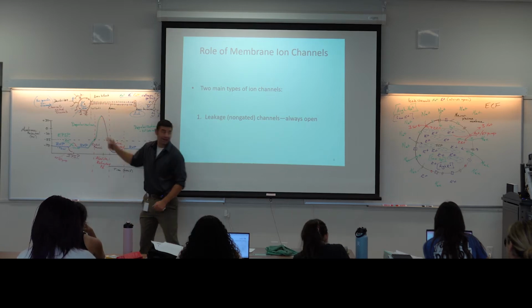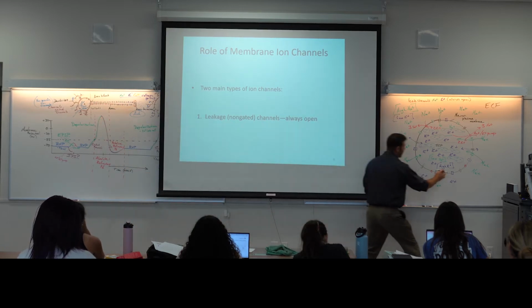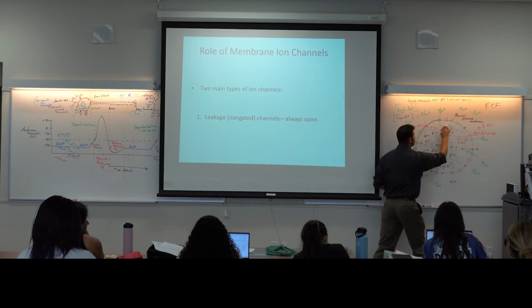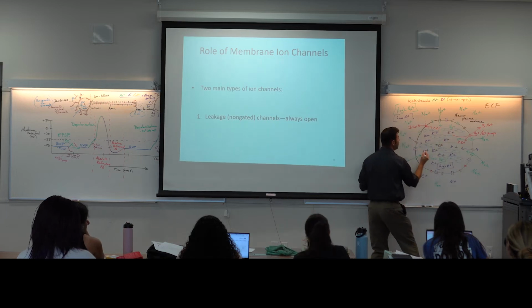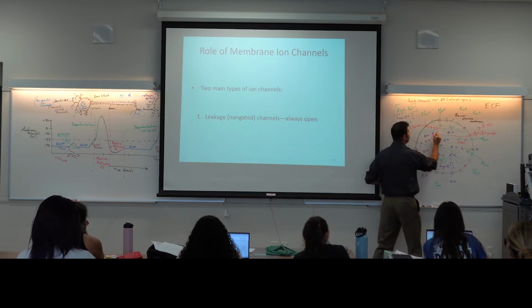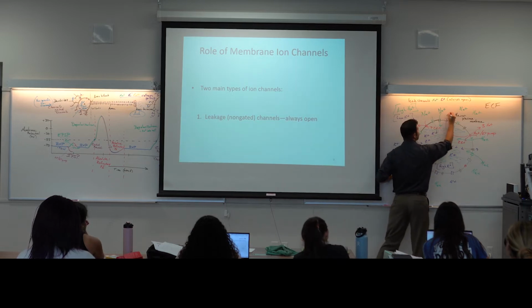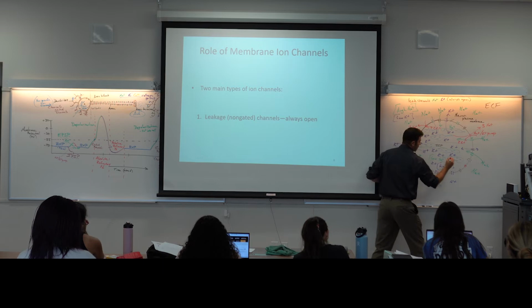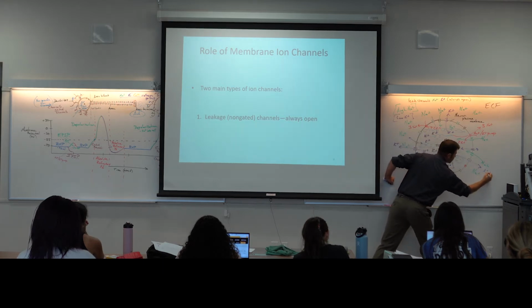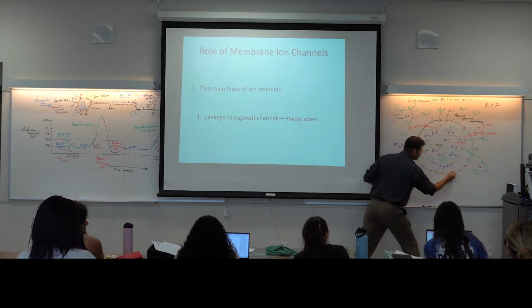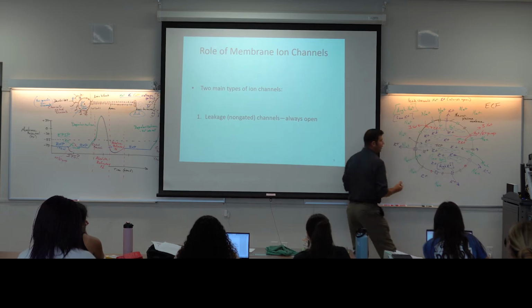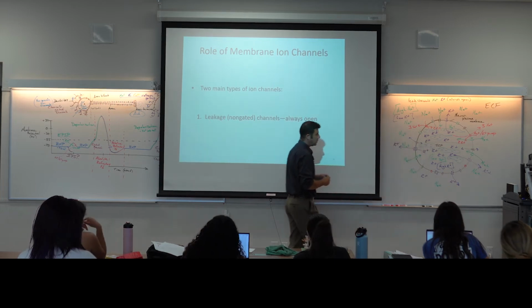Now potassium is all spring-loaded. It's ready to fly out of these cells. Go through the right gate. This cell getting rid of all of these potassium ions is our repolarization.